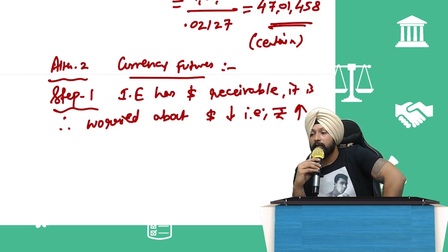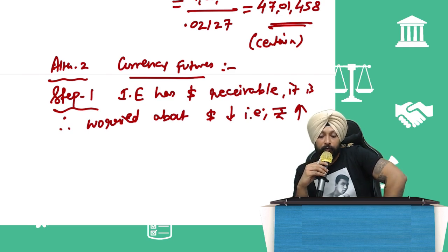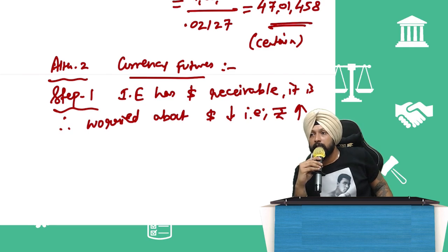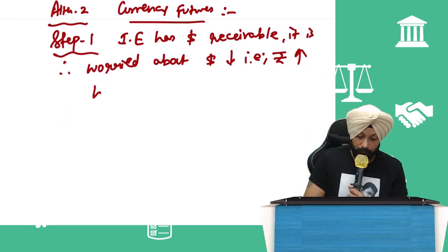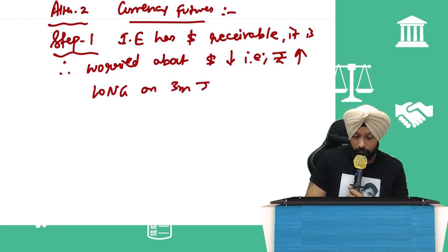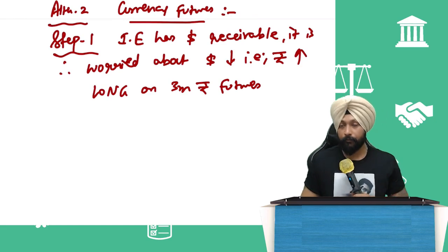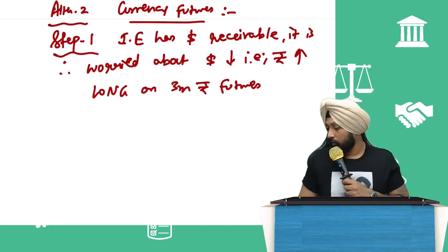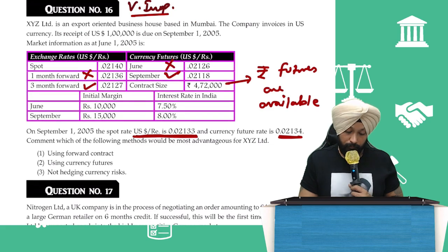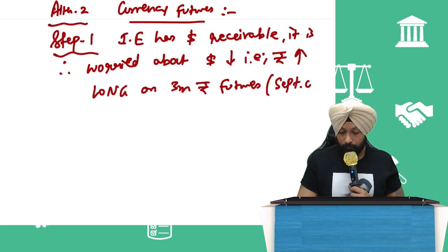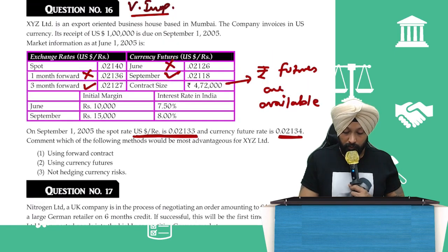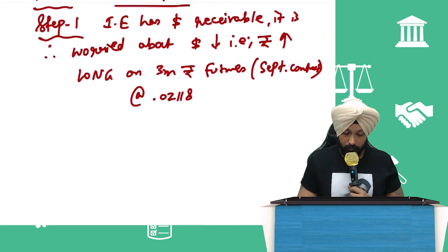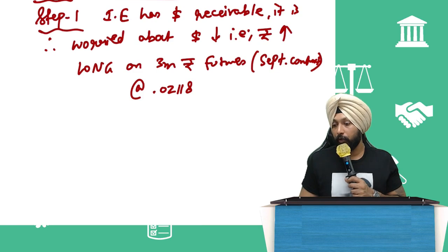Full stop. Since rupee futures are available, we will go long on 3 months rupee futures, bracket September contract, at the rate of 0.02118.